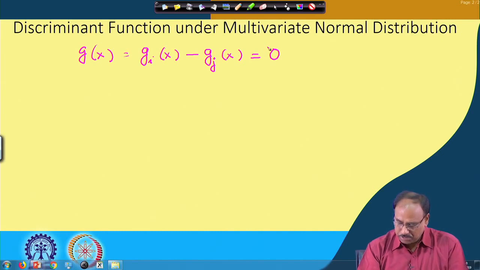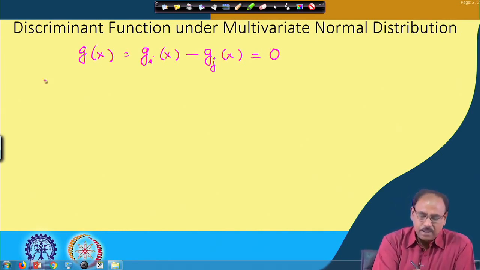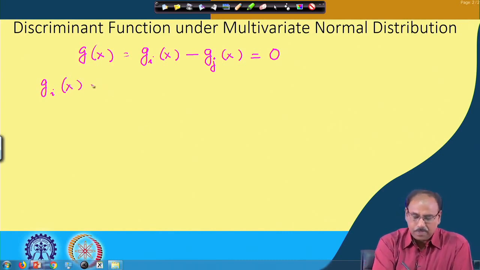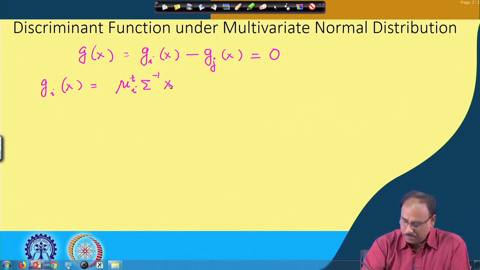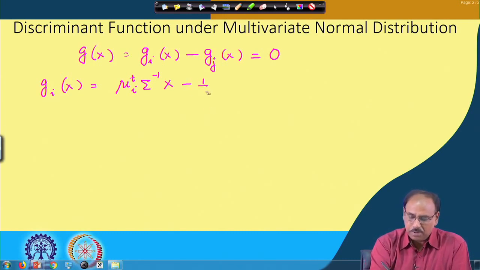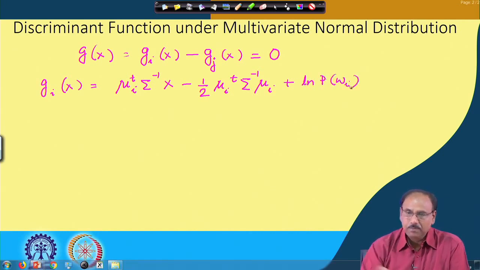What was our expression for g_i(x)? g_i(x) was mu_i transpose sigma inverse x minus half mu_i transpose sigma inverse mu_i plus log of P(omega_i).